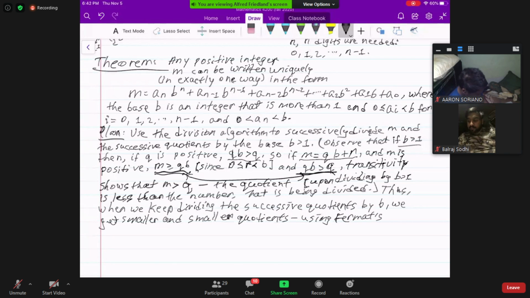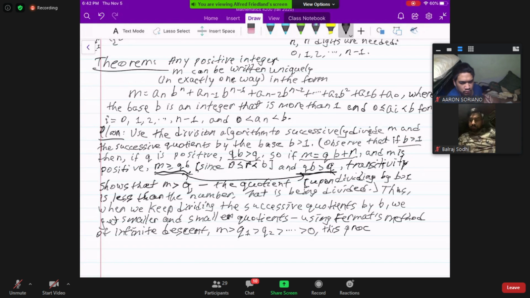But along the lines of Fermat's method of infinite descent, so all these Q's are positive. This process must come to an end.